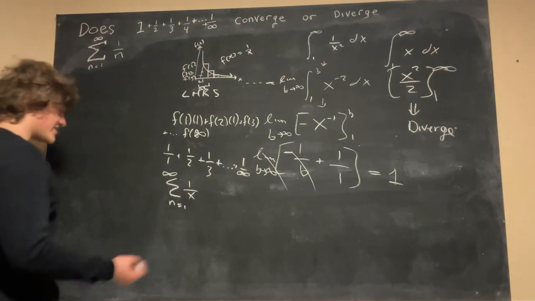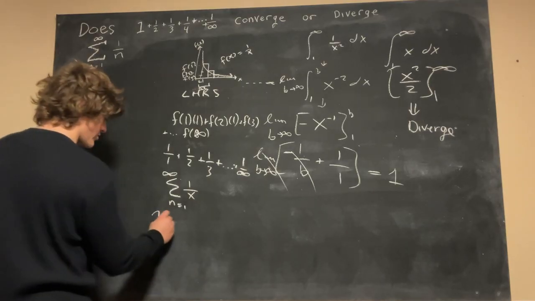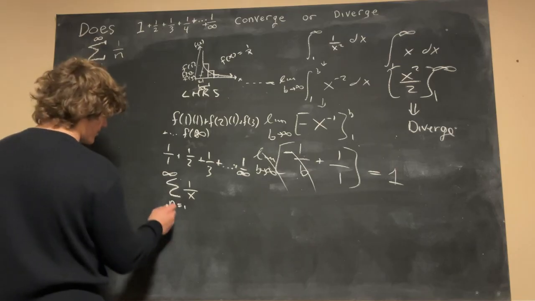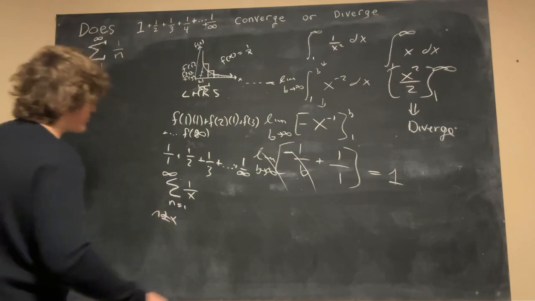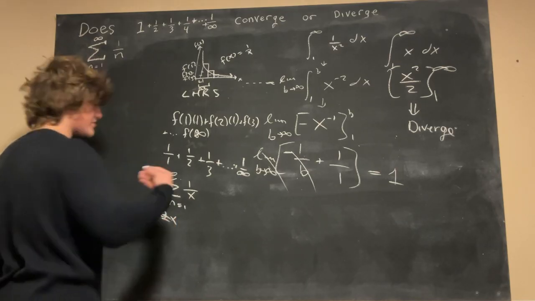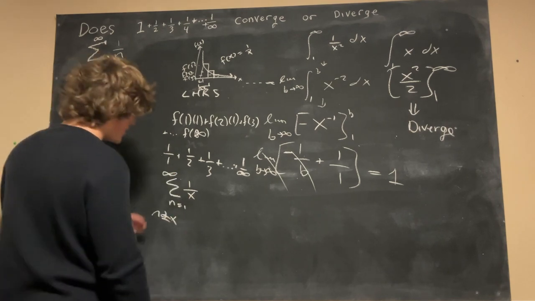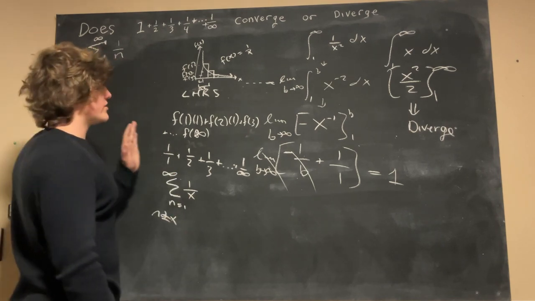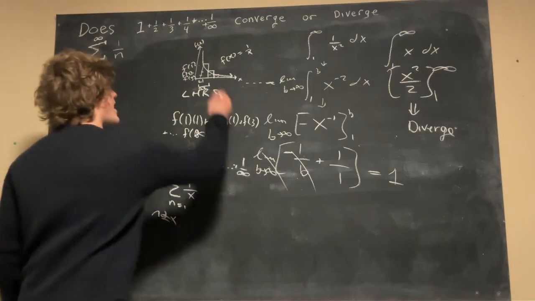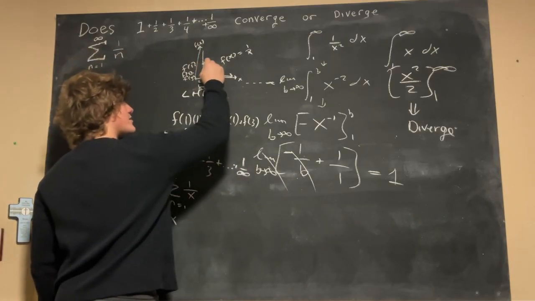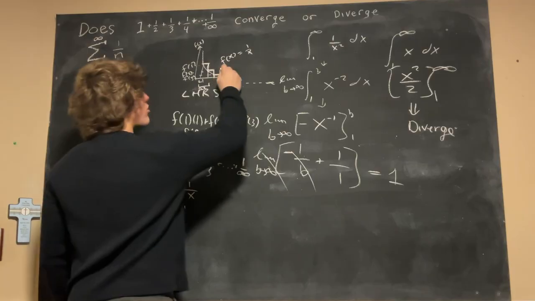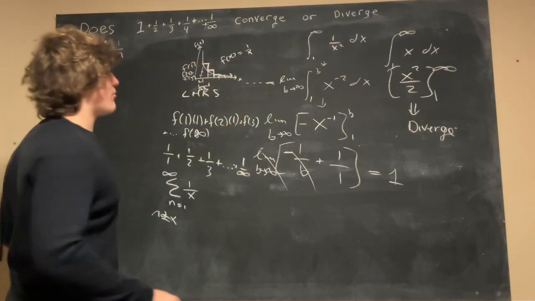If you replace x with n, you will see that these are equal. So n is equal to x; these are just interchangeable variables. So let's see what we can do to this graph. This is 1 over x, right? And as you can see, these areas right here are equal to our sum.